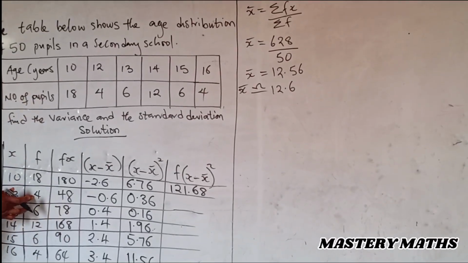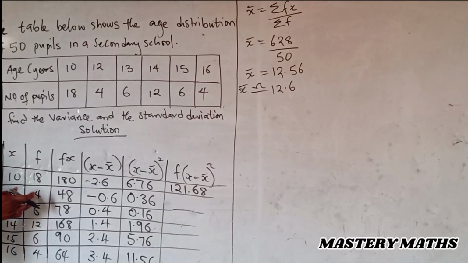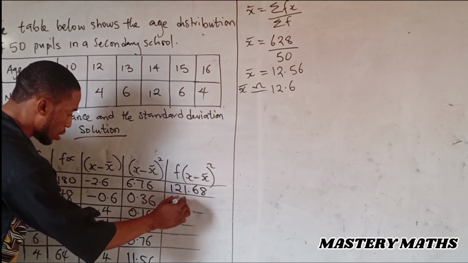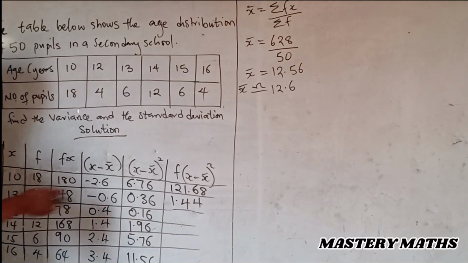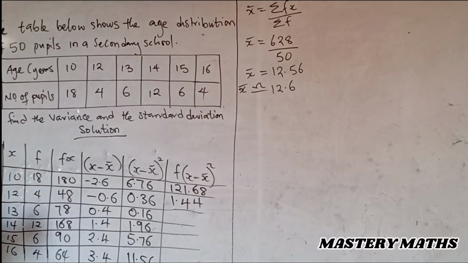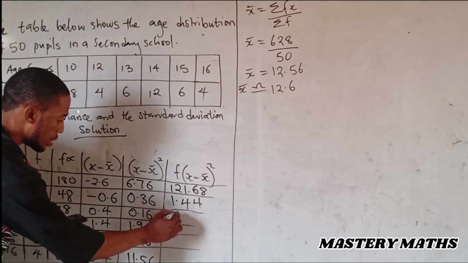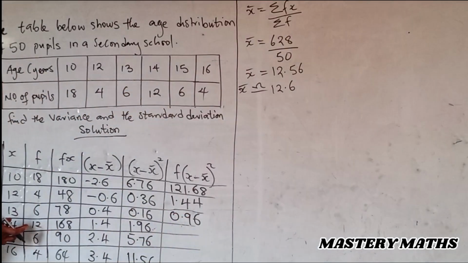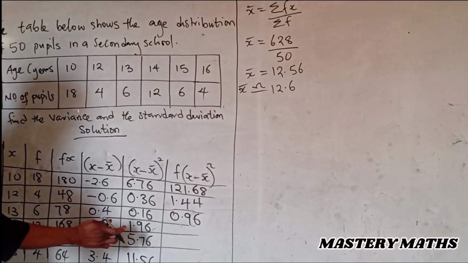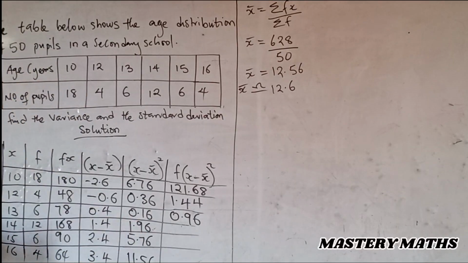The second one is 4 times our 0.36, which will give us 1.44. We have the next one, 6 times 0.16, which will give us 0.96. Then the next one is 12 times 1.96.